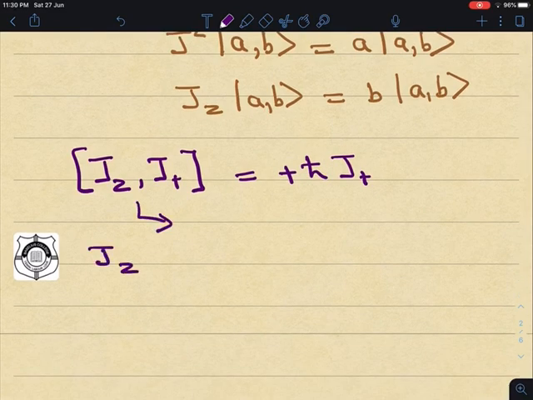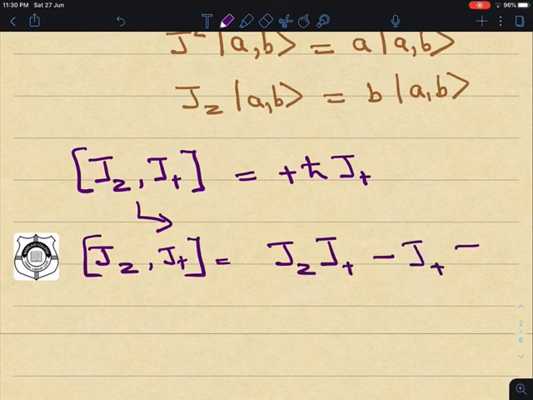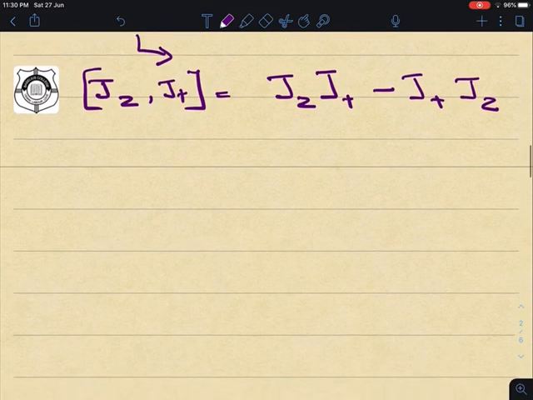Now just expand this commutation relation. So the commutation of Jz and J plus is equal to Jz J plus minus J plus Jz.